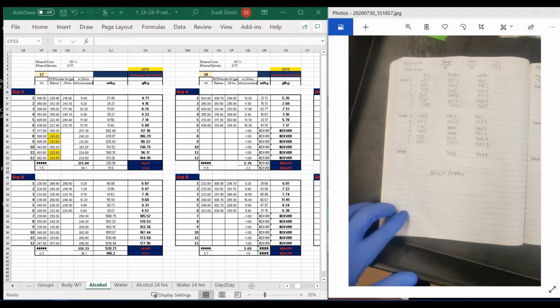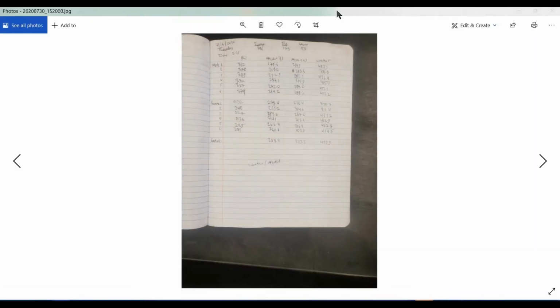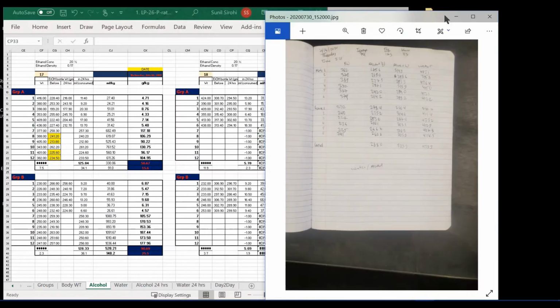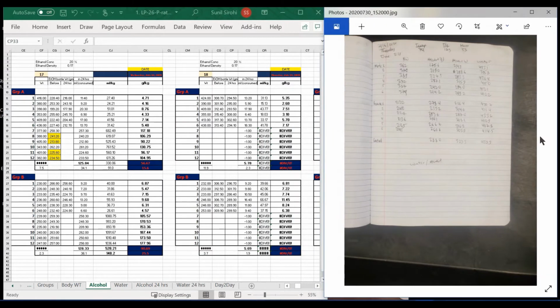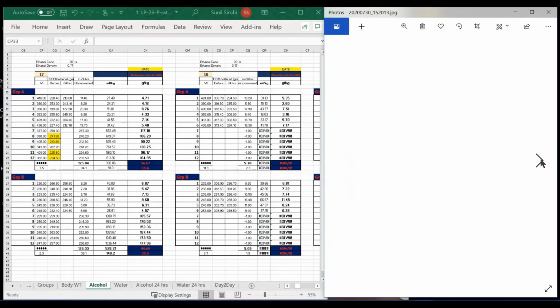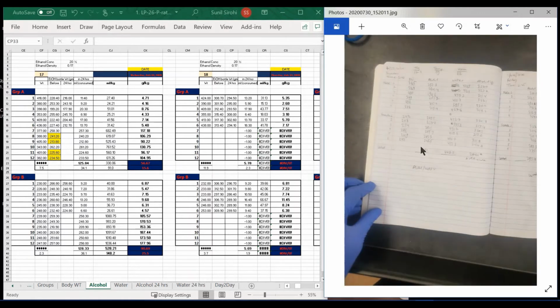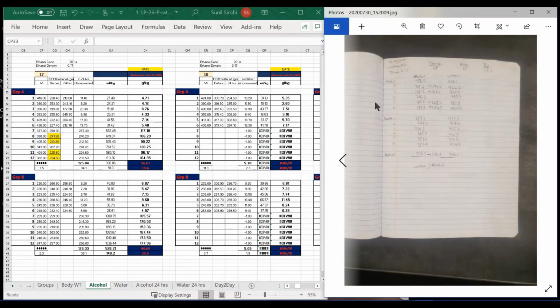Let me just see if I can find. So here's the 23rd for group 2.